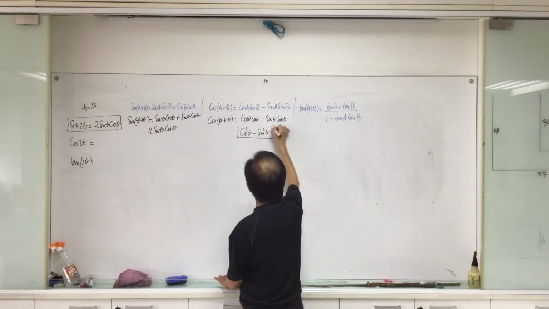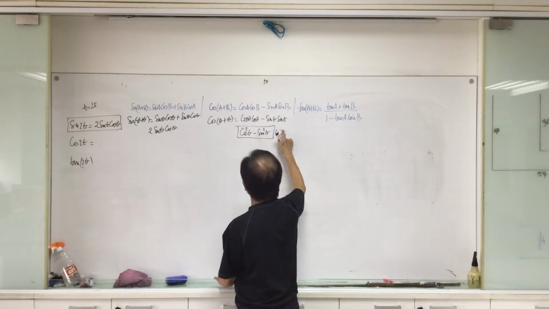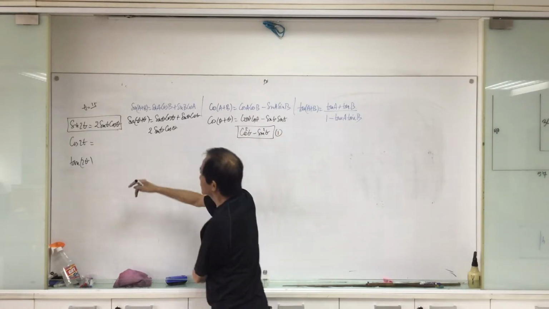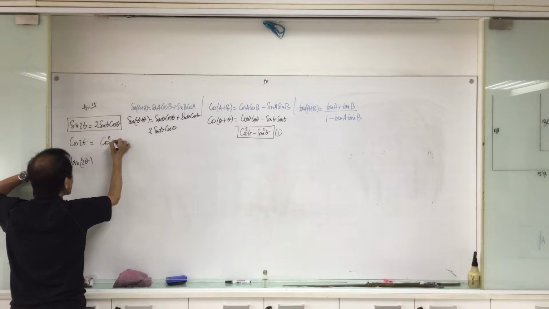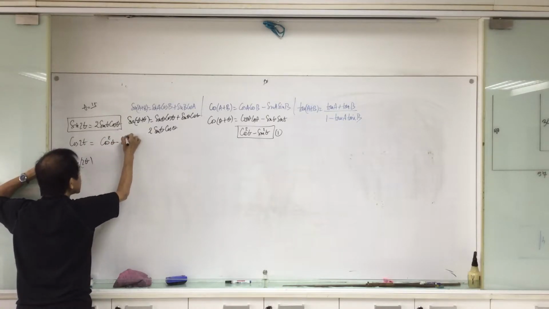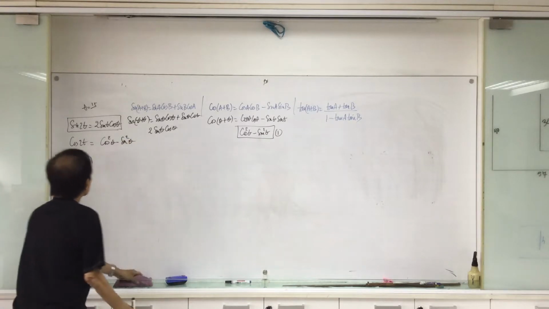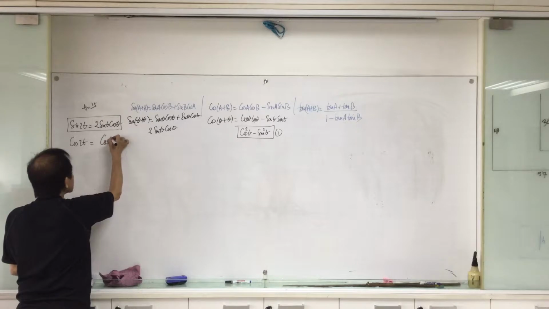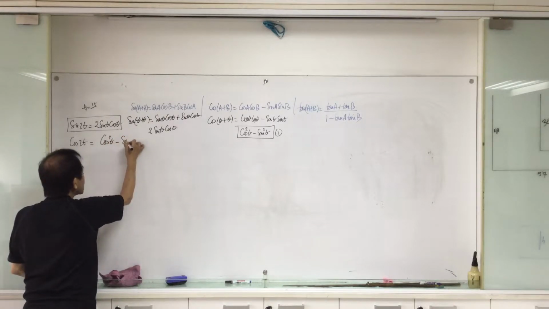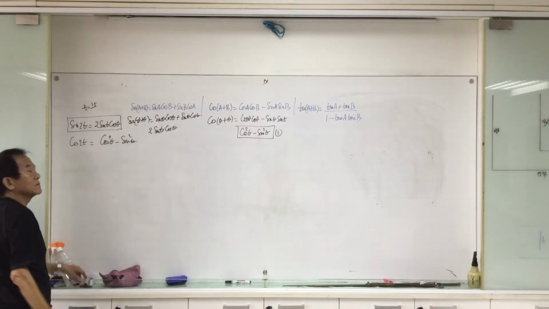So you have one equation for cosine 2 theta: cosine square theta minus sine square theta.